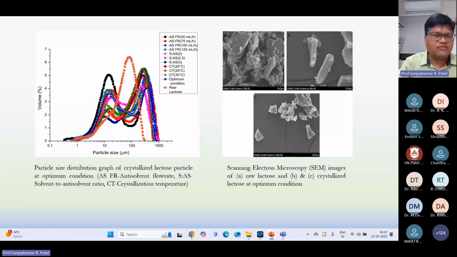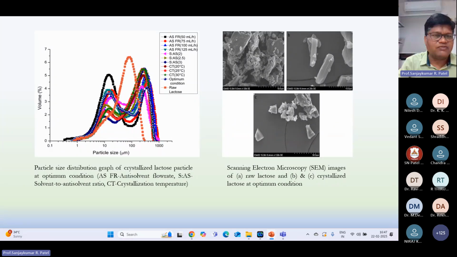Okay, it is an uneven size distribution. So it's not always the case that we'll get uniform crystal size. By this process, we are able to recover the lactose. We have increased the lactose yield by 10%, but the size control is not achieved in this case, because here it's very difficult to have control on the diffusivity of the solute over the layers, correct?